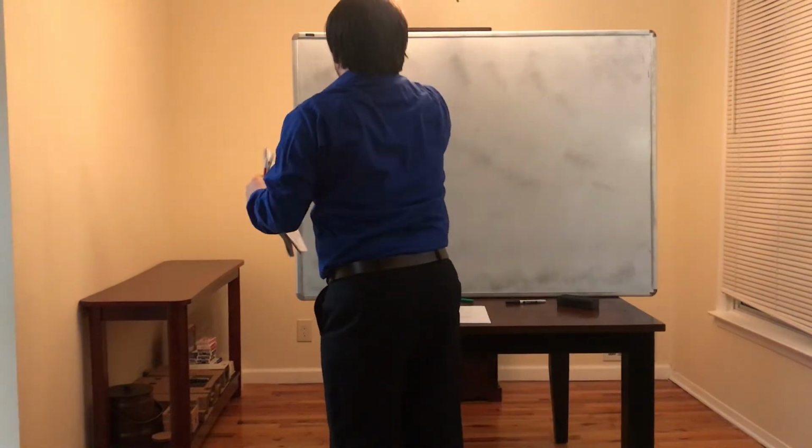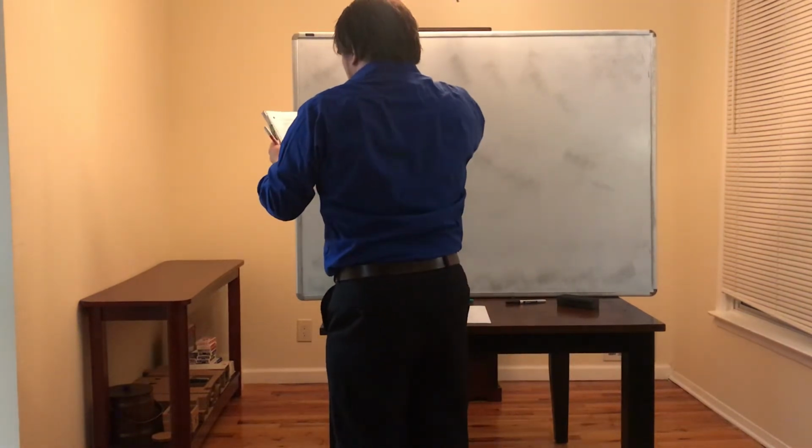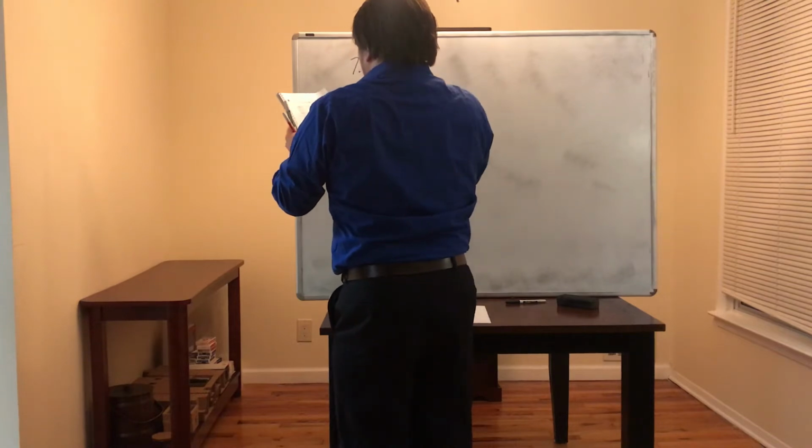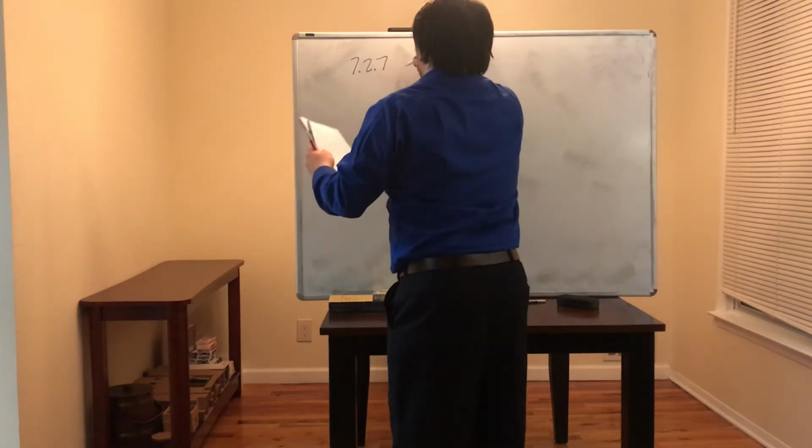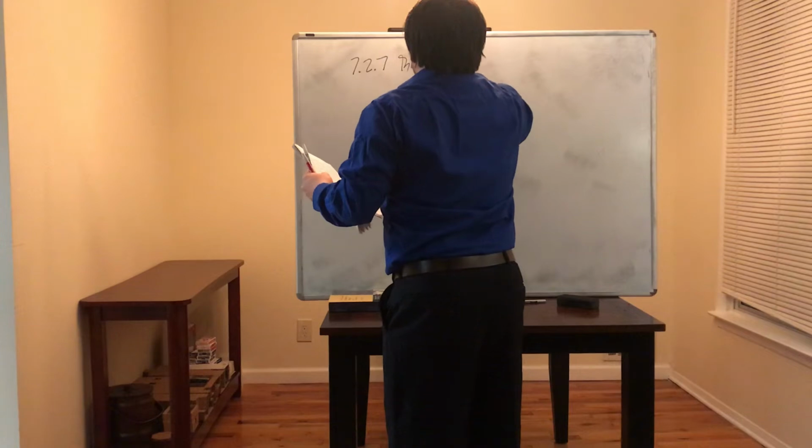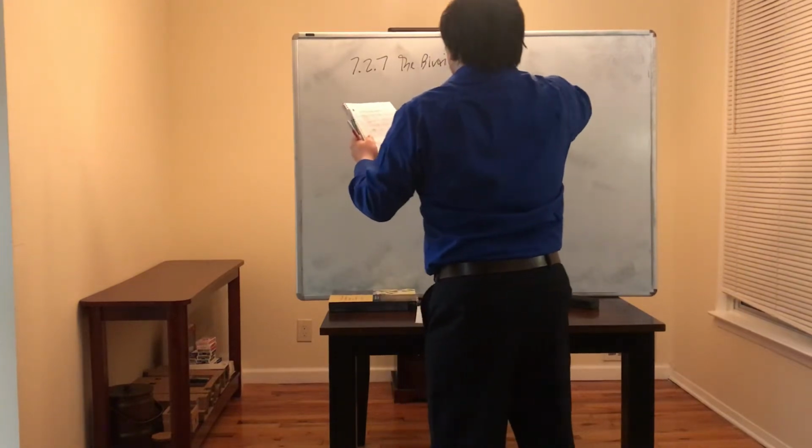Okay, so 7.2.7 is the bivariate normal distribution.